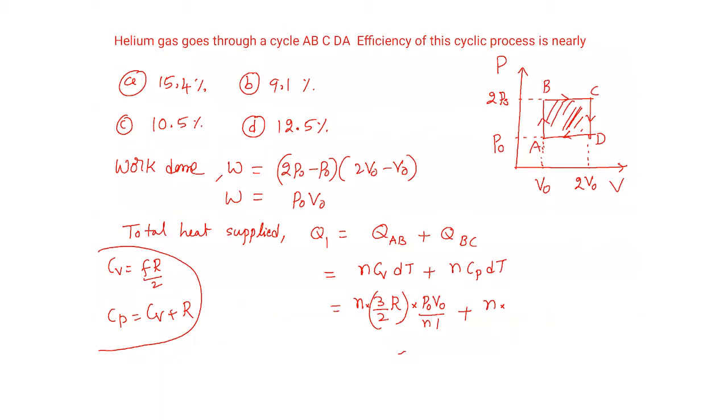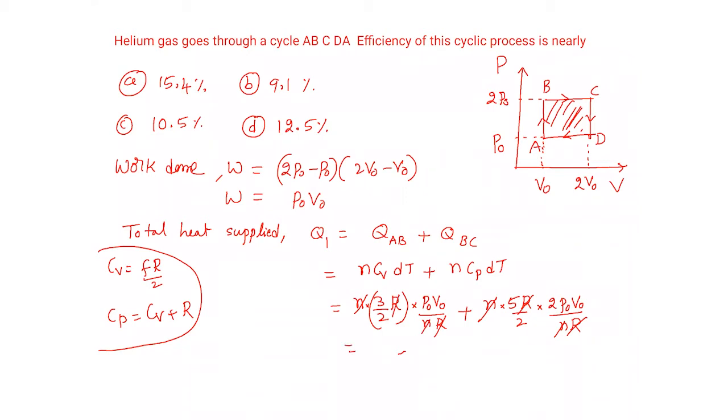Because 3R by 2 plus R is 5R by 2. 5R by 2 into the change in temperature from the process B to C, 4 minus 2. So that is directly 2 P naught V naught divided by nR. nR will cancel. So what do you get here?